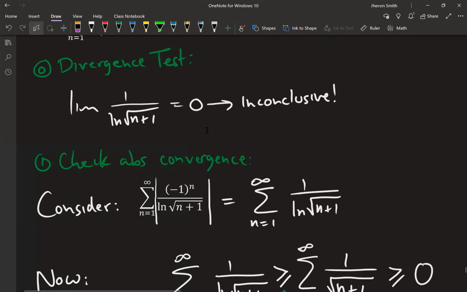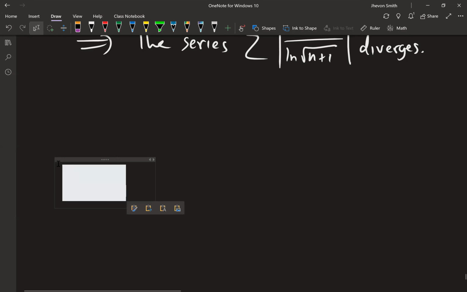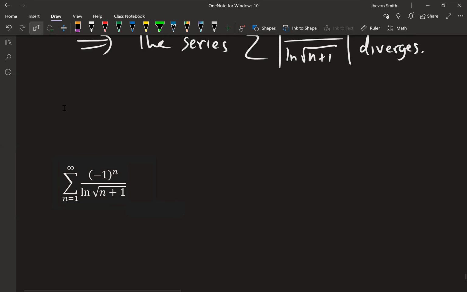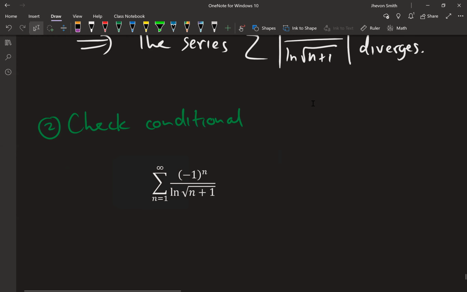So I'm looking at this guy again. Step 2, check conditional. So now what I'm going to do is consider just the original series without the absolute values.